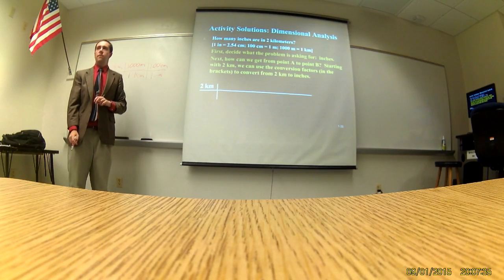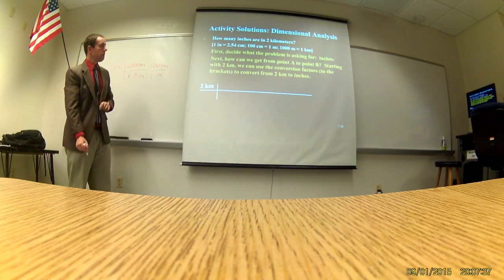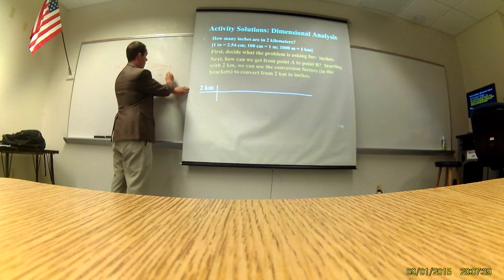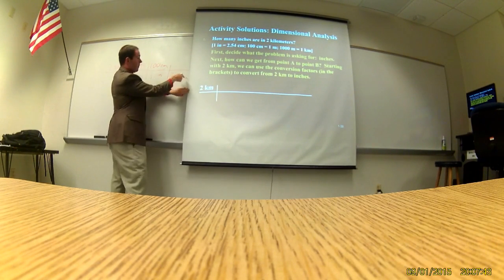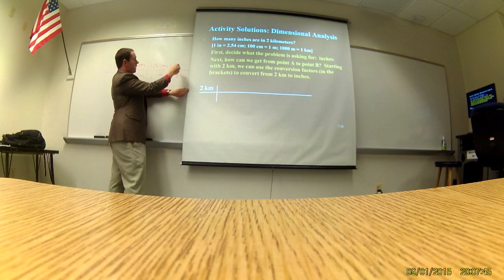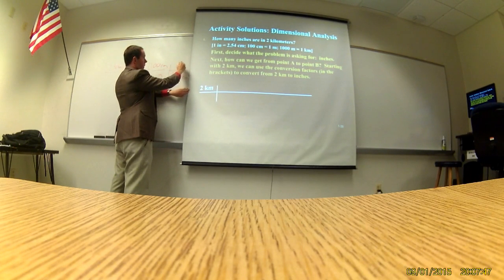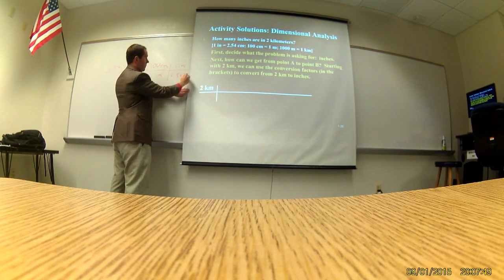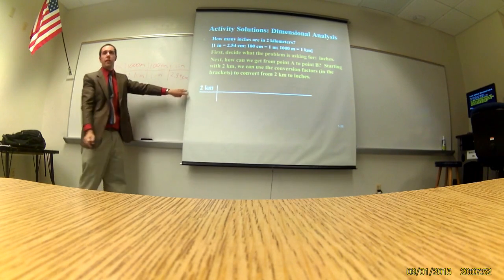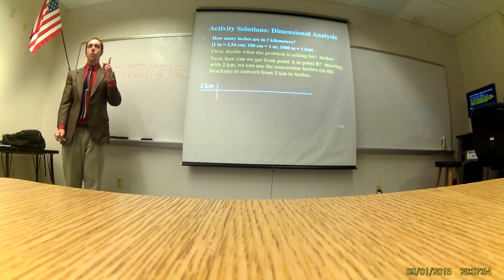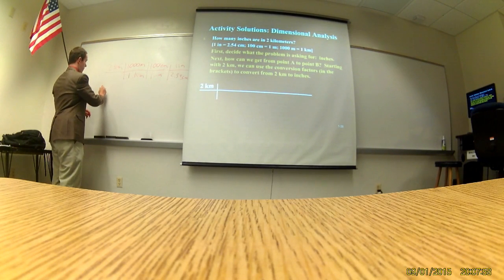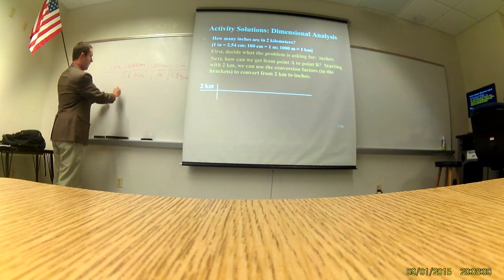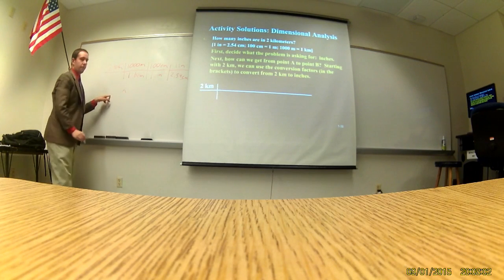Now what can we do? 2.54 centimeters. Centimeters has to be here. Equals 1 inch. Centimeters cancels. We now have inches in the top right corner, which is what we wanted to have. So we're going to have equals something inches.